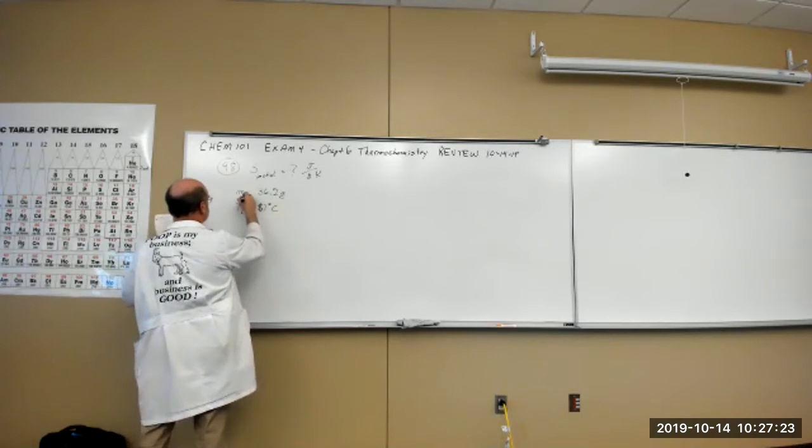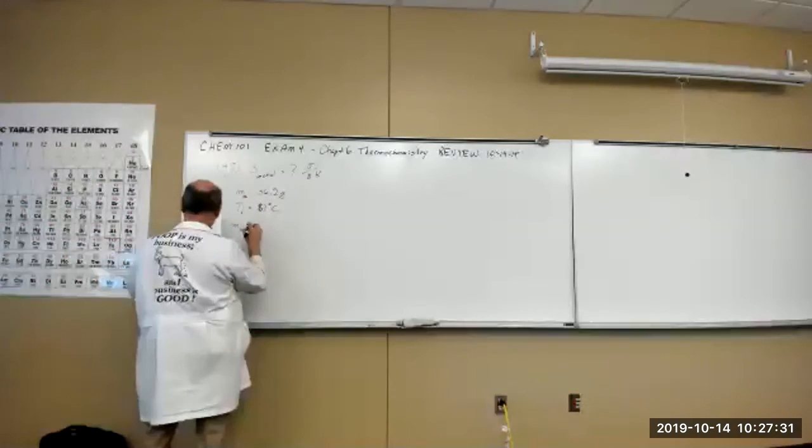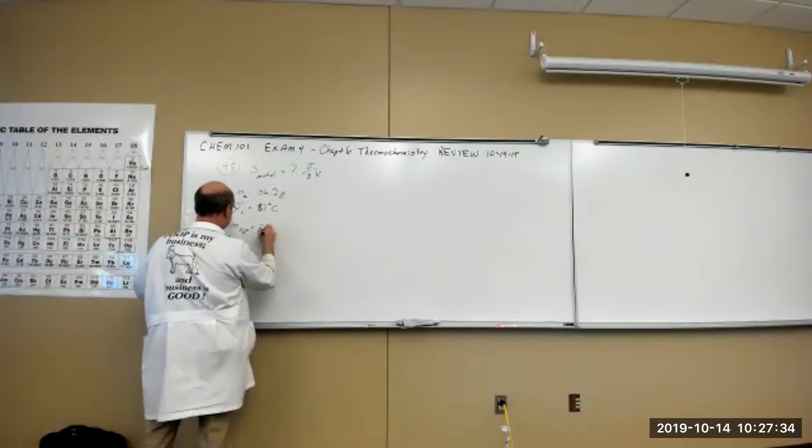So that's the mass of the metal, and the mass of water is 50 grams.